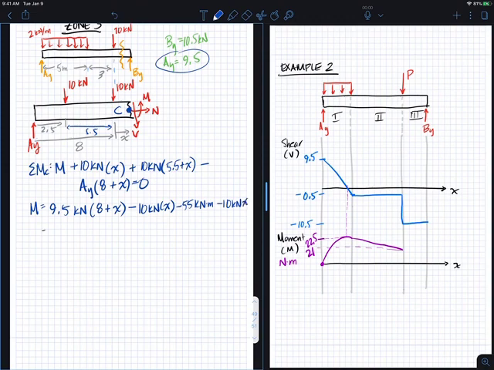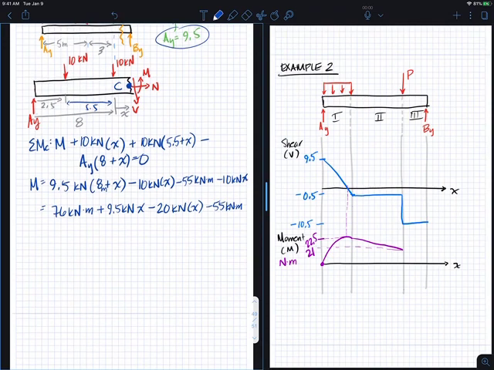And start simplifying again. 76 kilonewton meters. That 8 has meters attached to it. Plus 9.5 kilonewtons times x minus the 20 kilonewtons times x minus 55. So our final equation for the moment ends up being negative 10.5 kilonewtons times x plus 21 kilonewton meters.